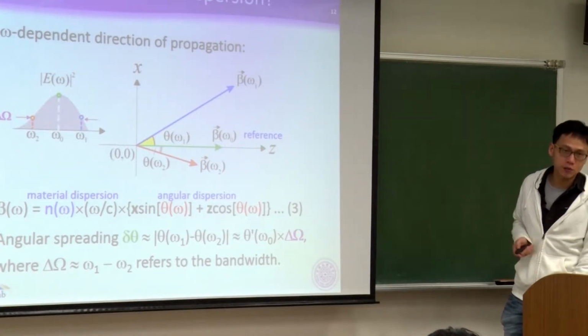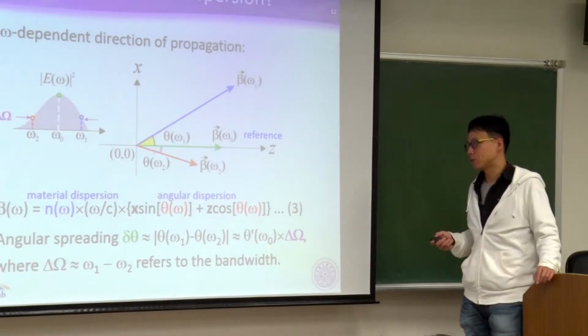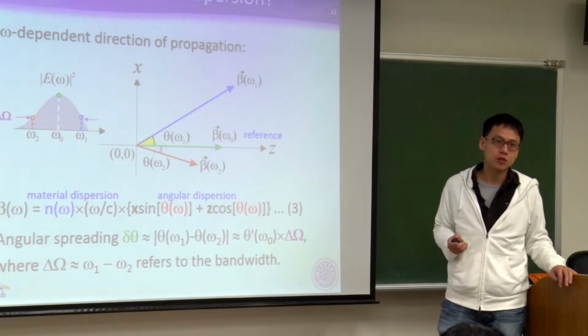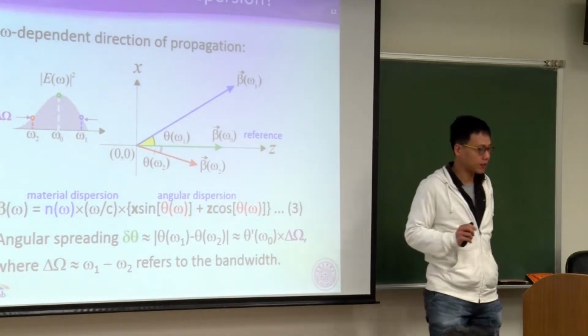The width of this power spectrum is the bandwidth. And this is different from the angular dispersion. They are two different things.